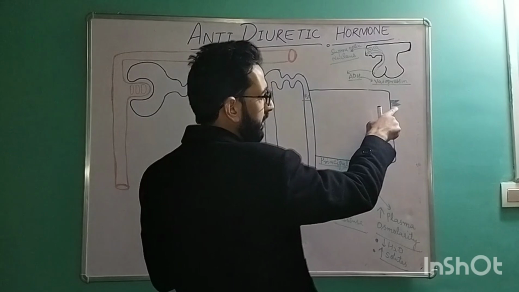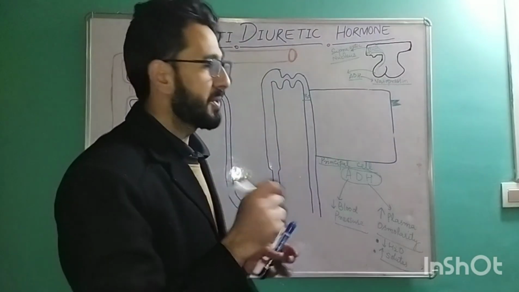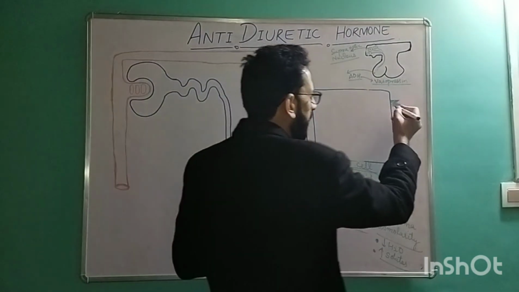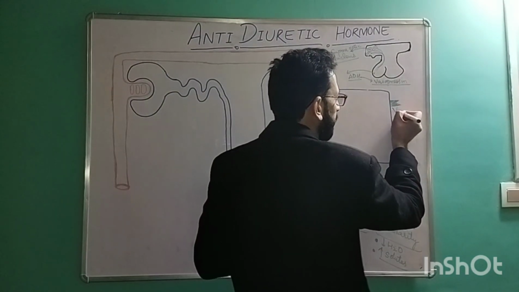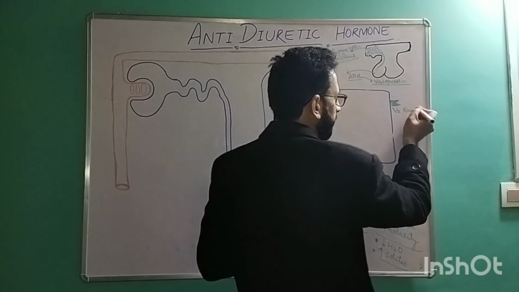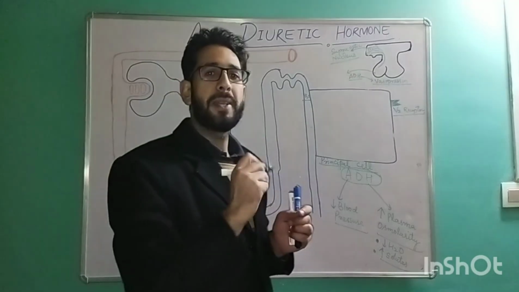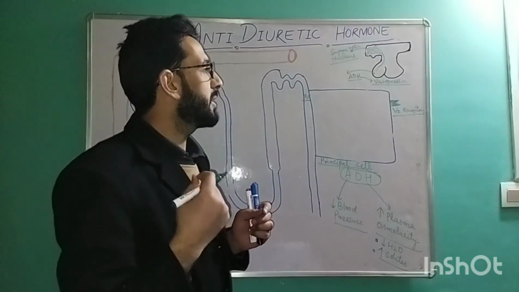This receptor on the principal cell is called the vasopressin receptor. To be more specific, it is called the vasopressin type 2 receptor, which is specially for the antidiuretic hormone.